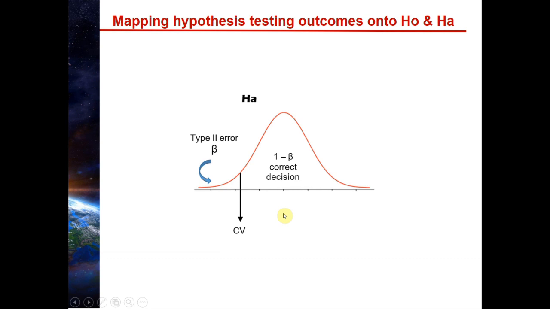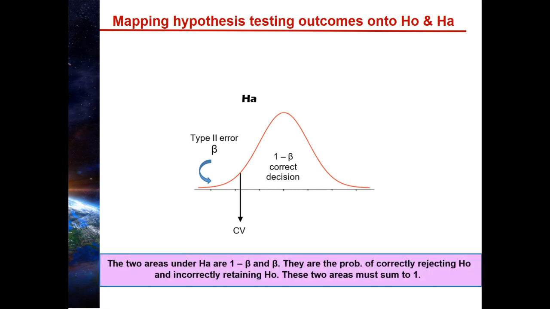Okay, so we've just seen that there are two areas under H0. They are alpha and 1 minus alpha. There are two areas under HA. They are beta and 1 minus beta. Now it's time to see them overlap.